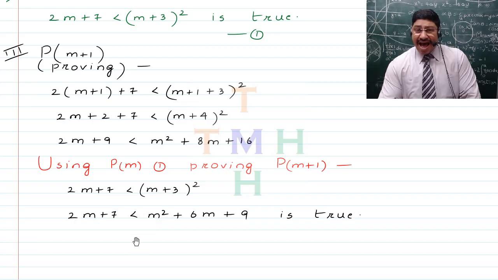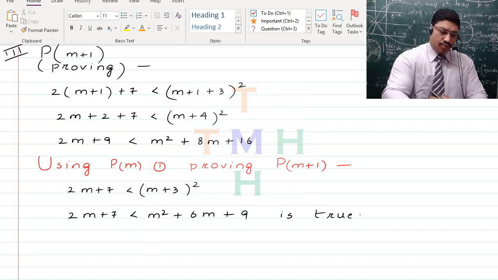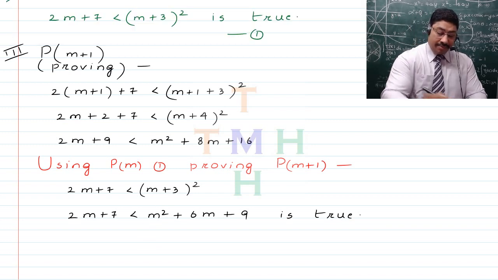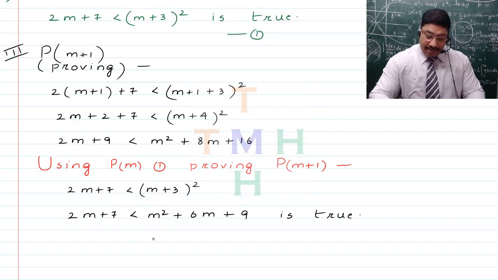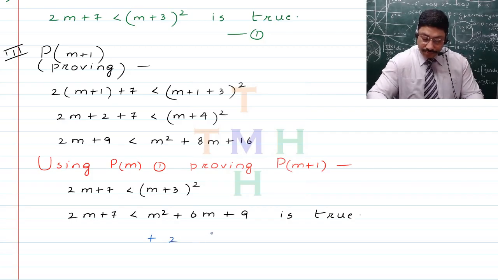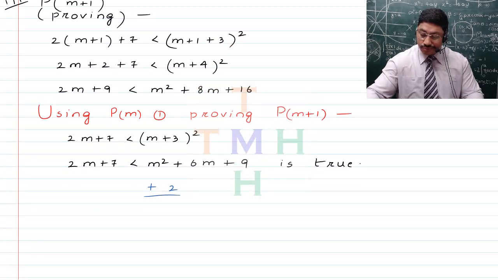So if we add a positive number on both the sides of the inequality, it will still remain true, right? So that is why we will now be adding 2 to both the sides, so you will say plus 2, and this is what has been done to the above step of the inequality.